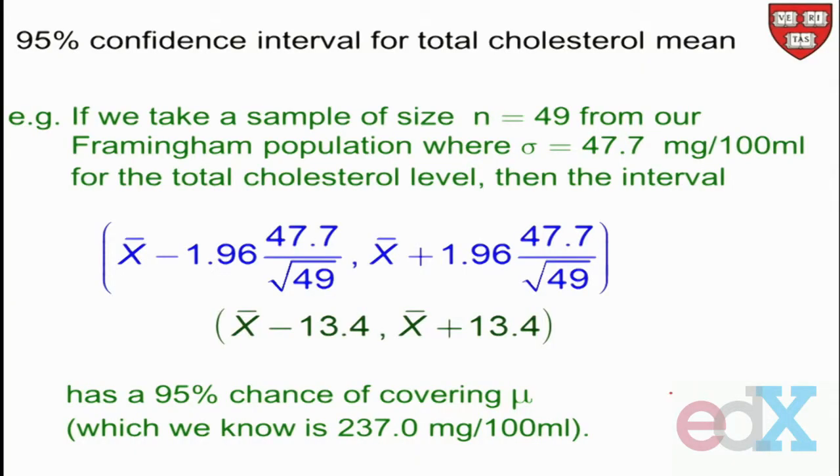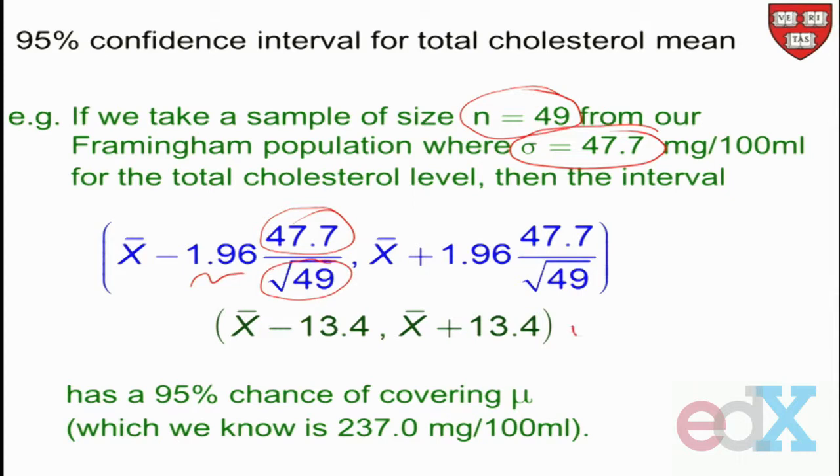So let's think about the total cholesterol level at visit 1 from our Framingham population. If we take a sample of size 49 and assume that the standard deviation is 47.7, then what's our 95% confidence interval? It's 1.96 times the standard deviation divided by the square root of the sample size, the standard error.